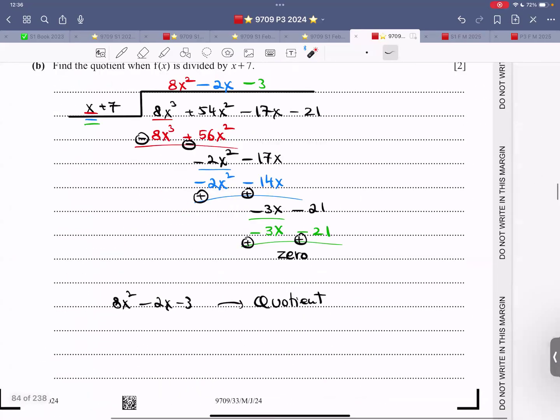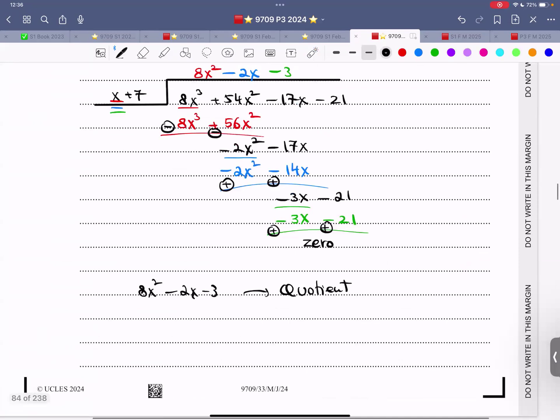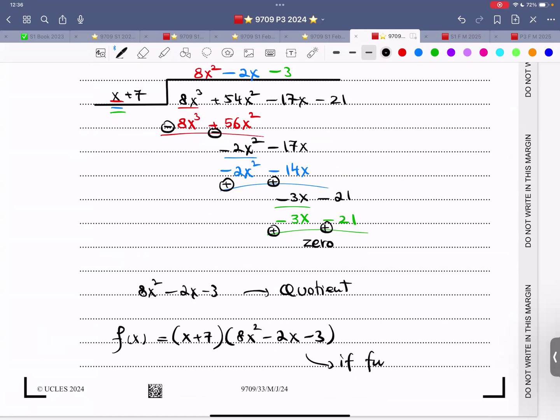And if they were asking us to factorize fx completely, so we would write fx is equal to x plus 7 times 8x squared minus 2x minus 3. And if further factorizable, go ahead and factorize.